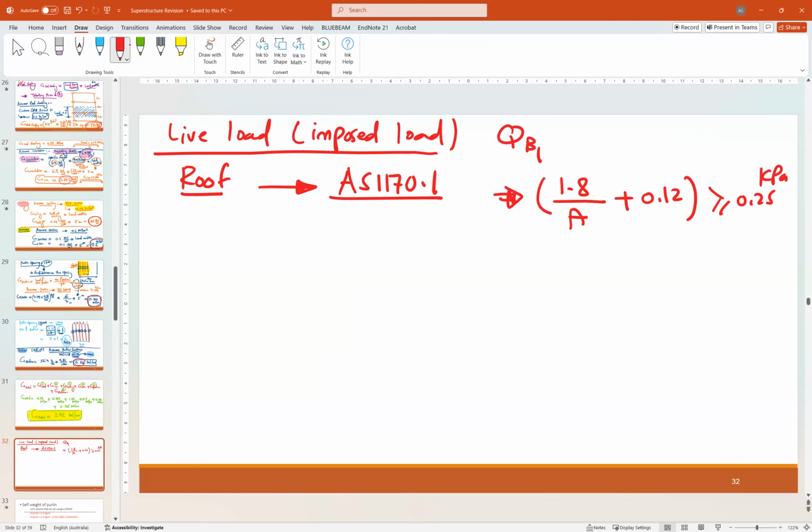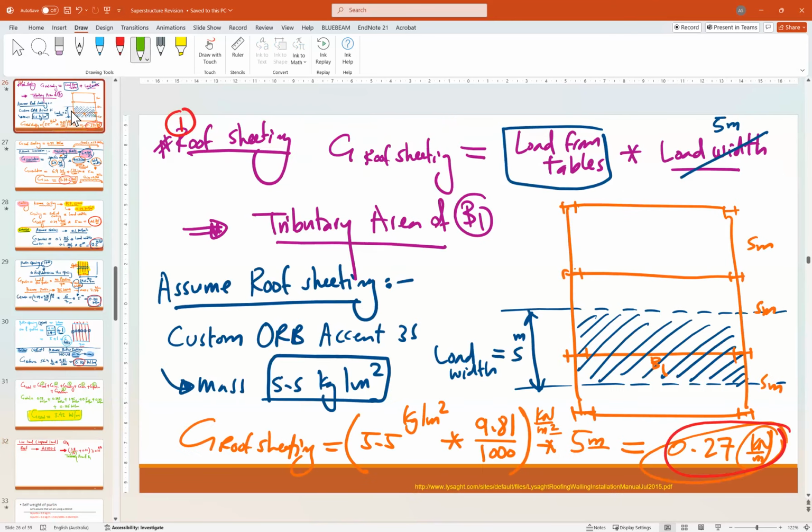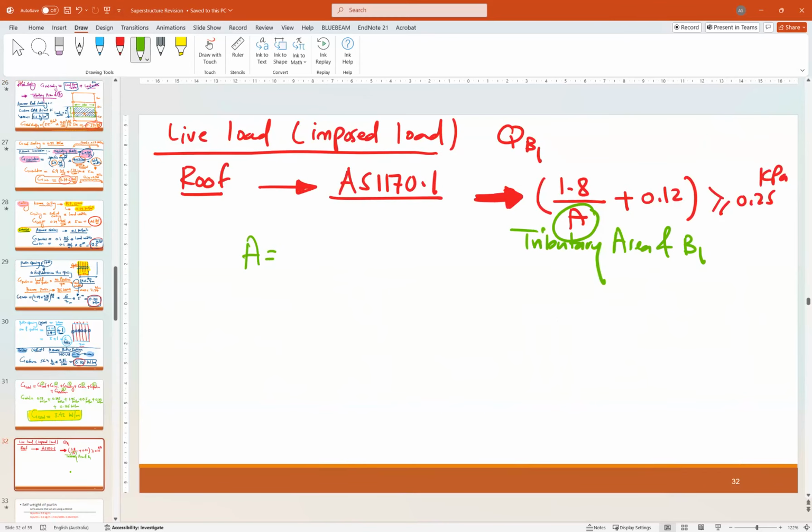So this is the formula from AS 1170.1. What is A? A is the tributary area of the rafter. What is the dimension of the tributary area of the rafter? It is 14 meter by 5 meter. So A here equals 5 by 14 meter.